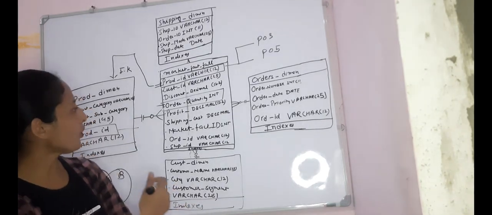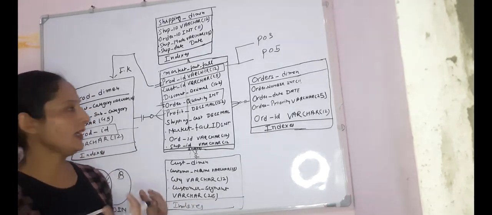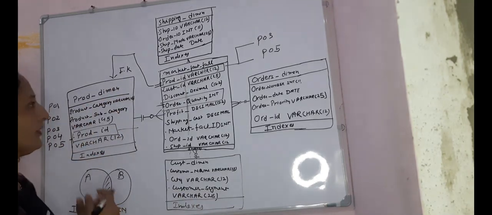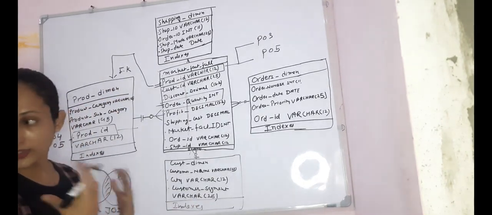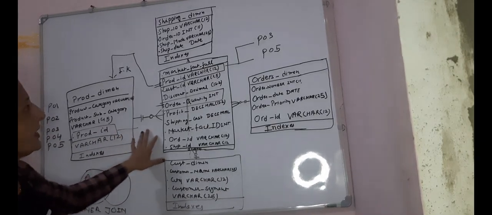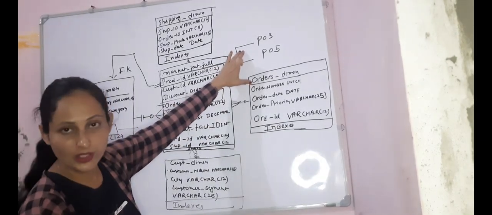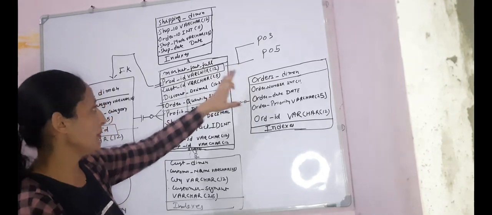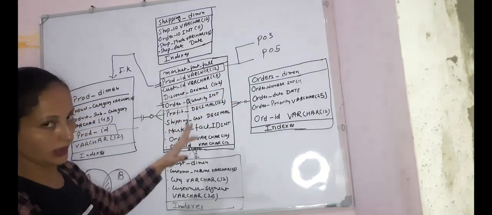So if we want to connect the data and extract this information, then by join we can only get the information about products P03 and P05, because this is the only common thing here.